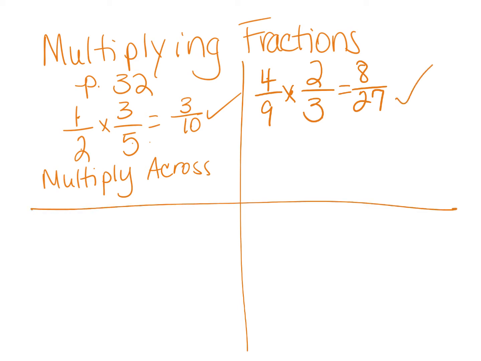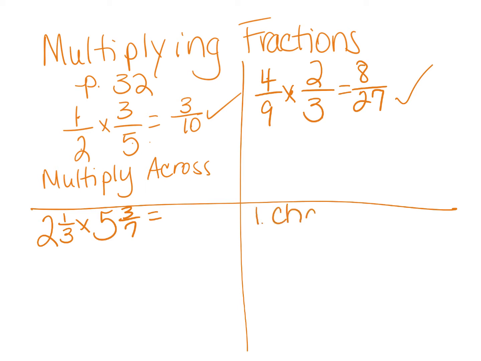Now, when you are multiplying fractions but you have mixed fractions, remember, a mixed fraction is when you have a whole number and a fraction. This may seem a little bit difficult, but it's really not that hard because you already know how to change mixed fractions to improper fractions. So that's your first step.